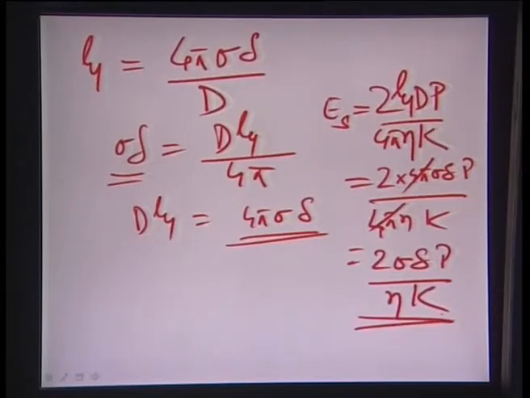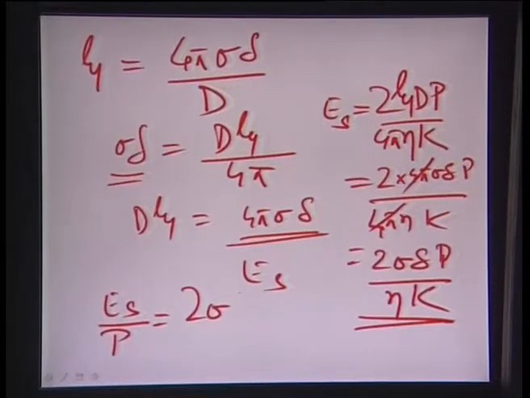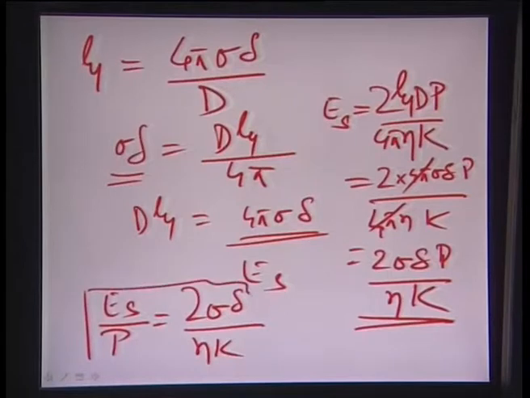So, that is what the streaming potential would result in, and we can also write this as E_s, the streaming potential per unit pressure, which is the difference between both ends of the capillary causing the fluid to move, as twice sigma delta divided by eta k. And that is the final form of the ratio between the streaming potential and the pressure.